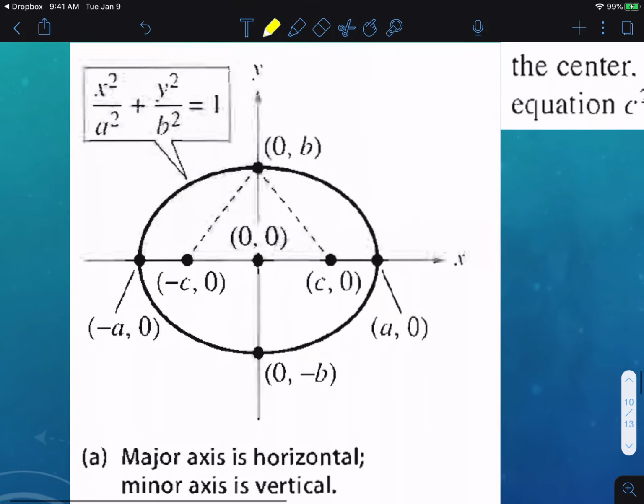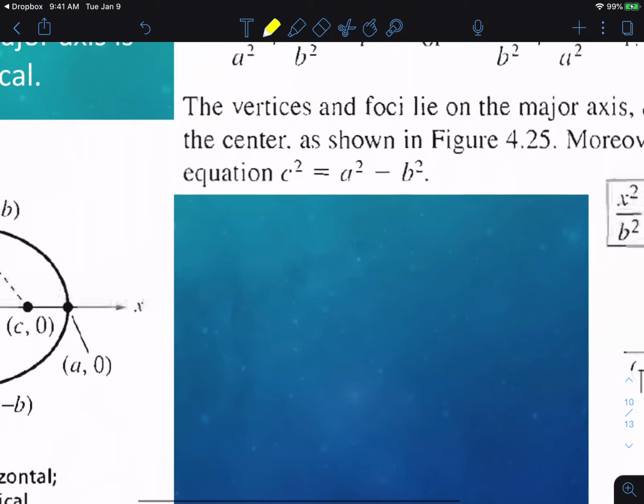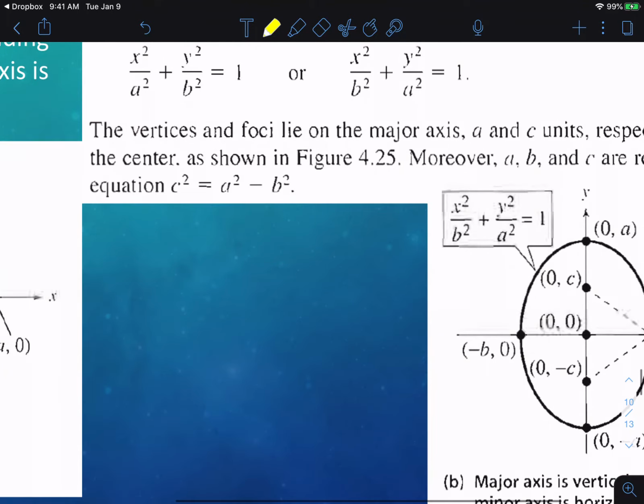So actually this is what it looks like right here. Notice this ellipse is centered at the origin, and it is wider than it is tall. So from negative a to positive a, comma 0, that is the major axis, and the focal points are the distance c. Now, I want to also identify for you c.